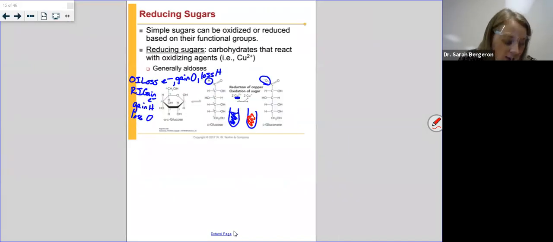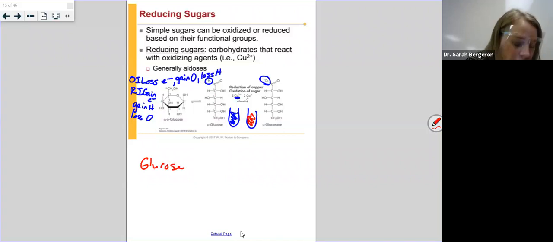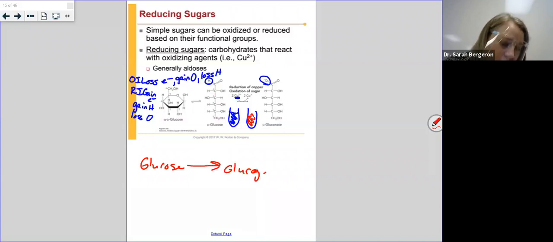The new test is that they take your blood sample, so you have glucose in it, and glucose is a reducing sugar, which we just saw. And so you convert that to gluconate, G-L-U-C-O-N-A-T-E. There's no G in it. Okay, from glucose to gluconate, right?